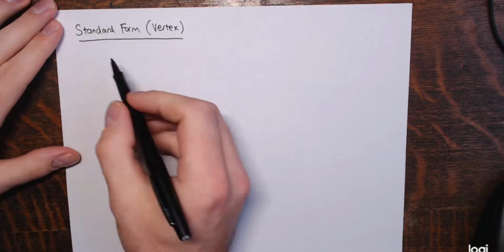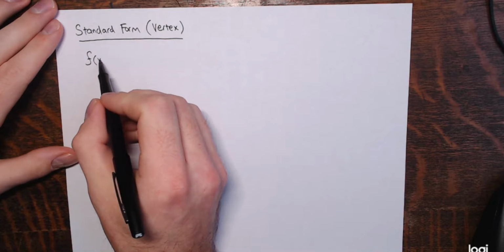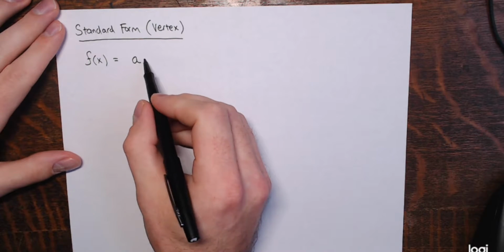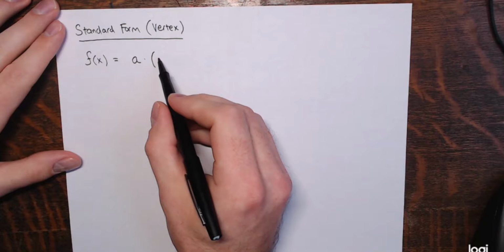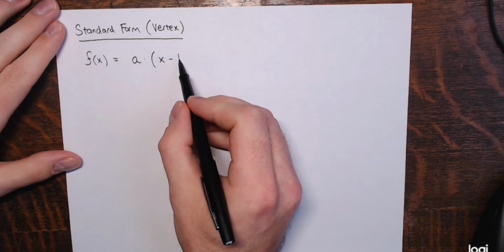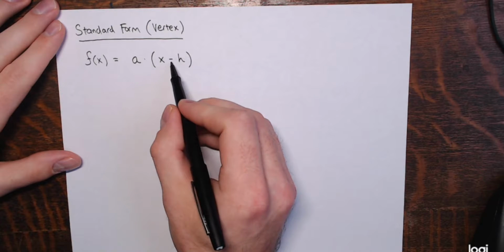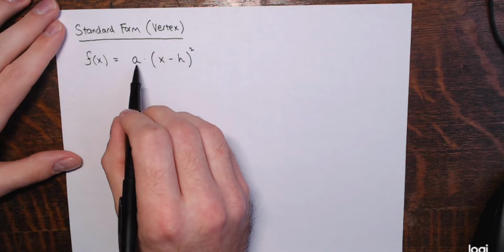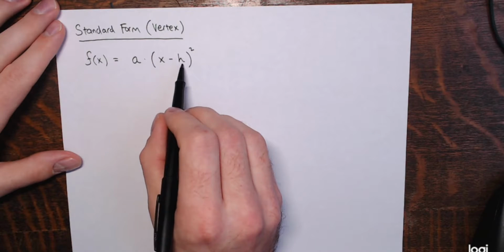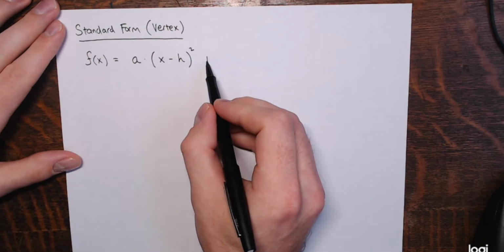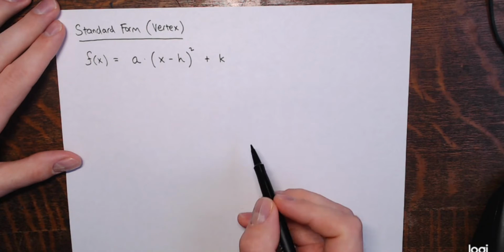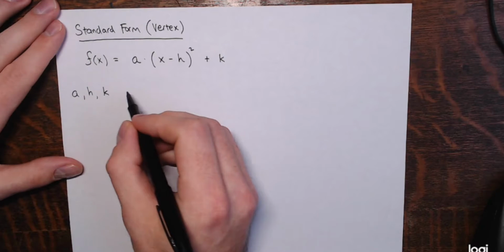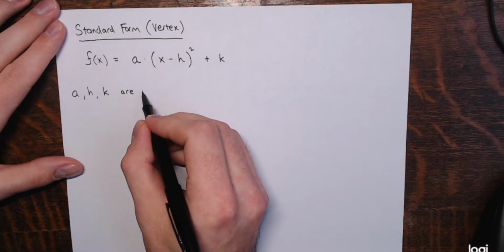And that looked like this: f of x equals, or y equals, some number a times the quantity x minus h, squared, plus k, where a, h, and k are real numbers.